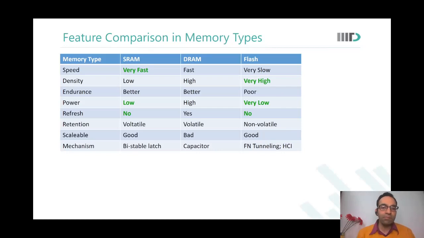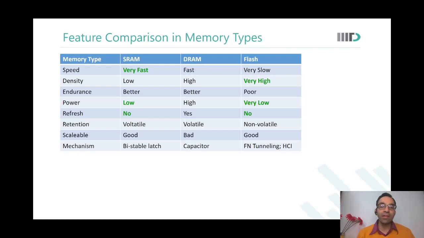So after some time, the charge on the DRAM capacitor becomes so weak that you cannot read it. So what we do is write into the DRAM capacitor at a predefined frequency. This periodic write operation is called refresh.